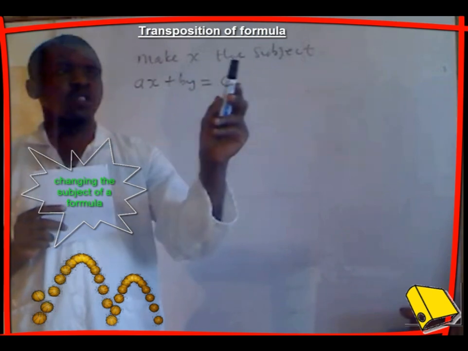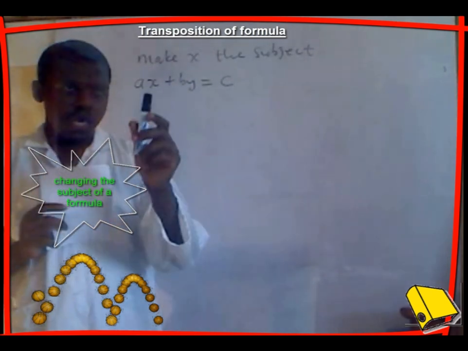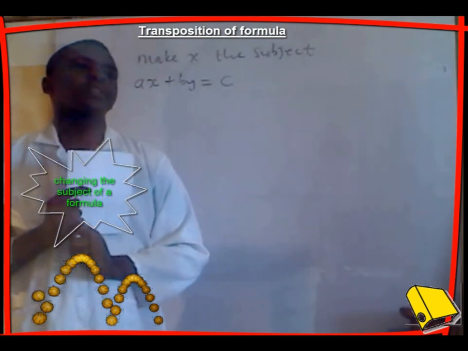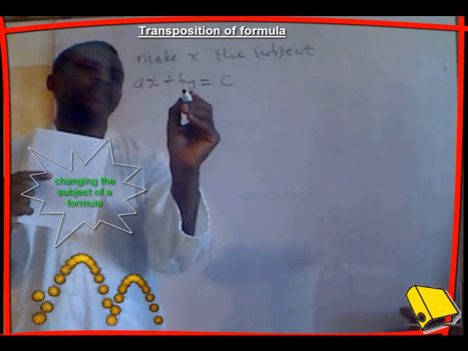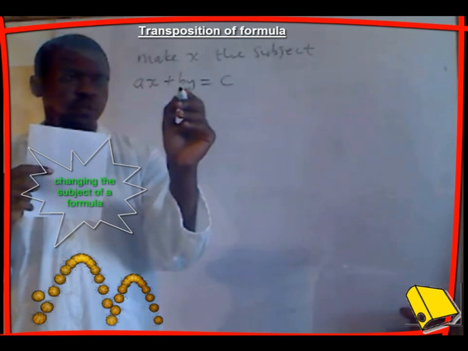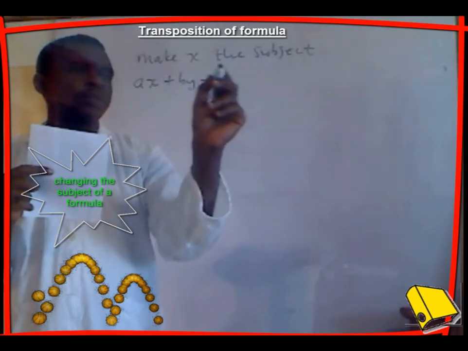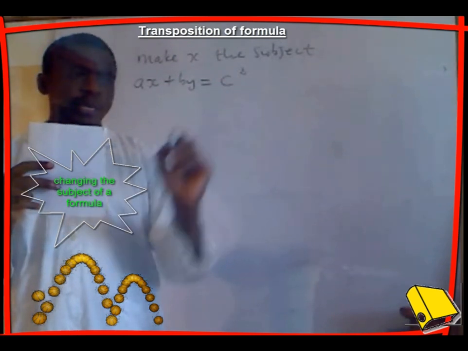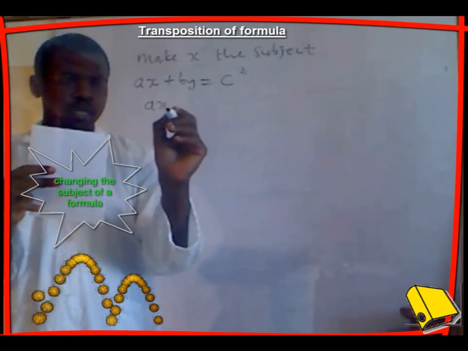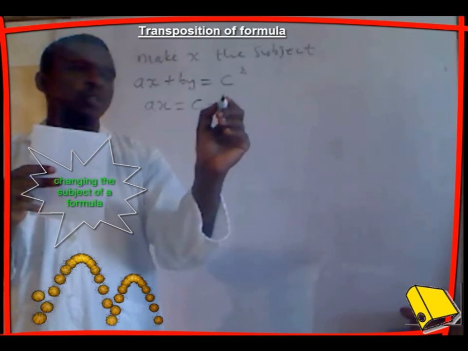Make x the subject in the formula ax plus by is equal to c. I start by transferring terms that do not contain x to the other side. So this moves the other way and goes after the term that is already there. So I'll say ax is equal to c minus by.